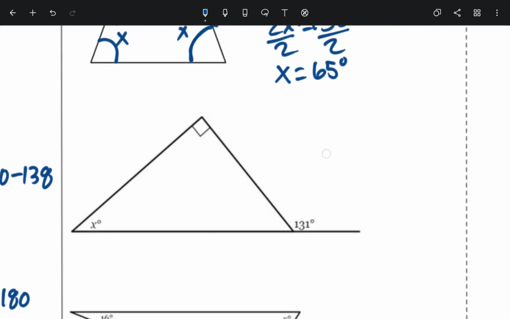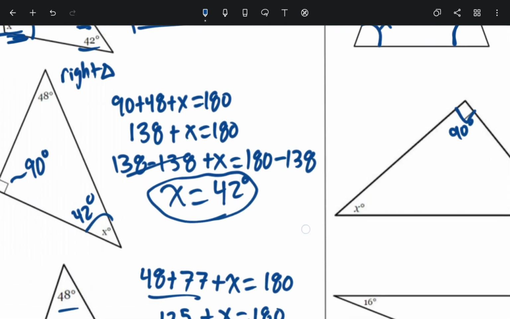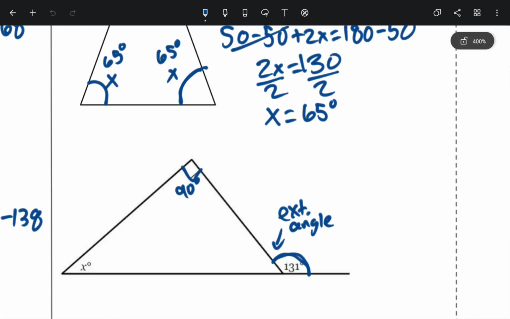Let's look at the next one. Okay, so first I see this is a 90-degree angle. And we have an exterior angle here. And I'm going to abbreviate that to EXT. So there are two ways you could solve this. I'm going to use the exterior angle theorem property, which says that this exterior angle is going to be equal to the sum of these two angles.